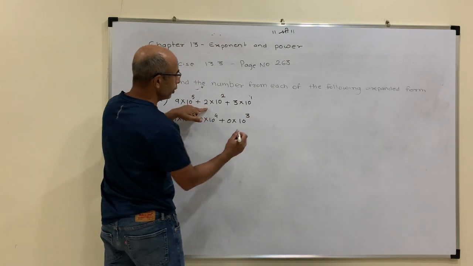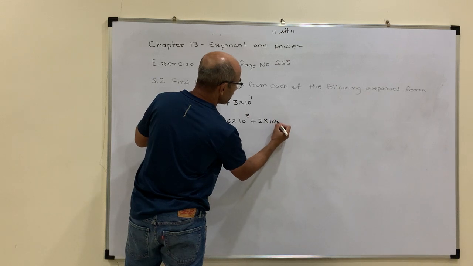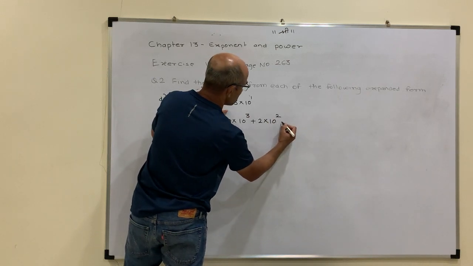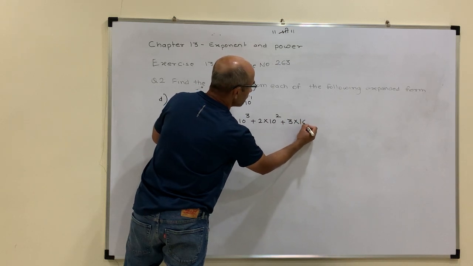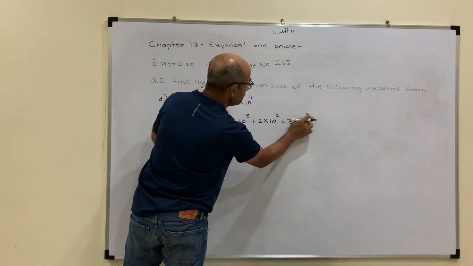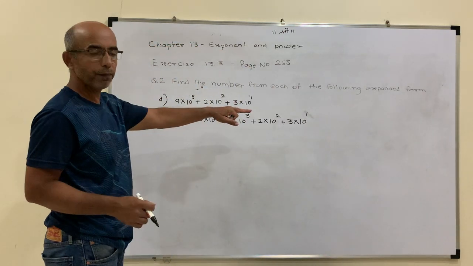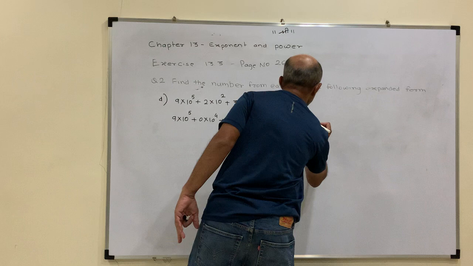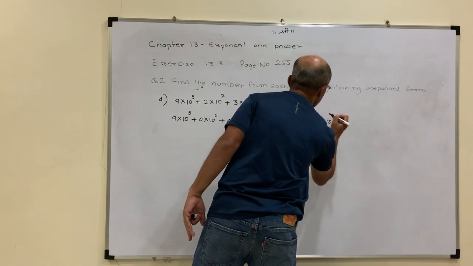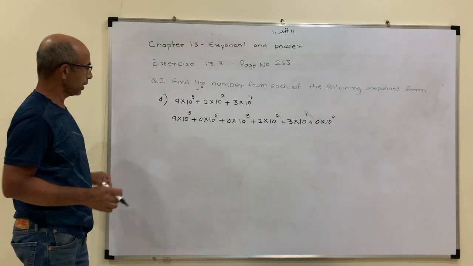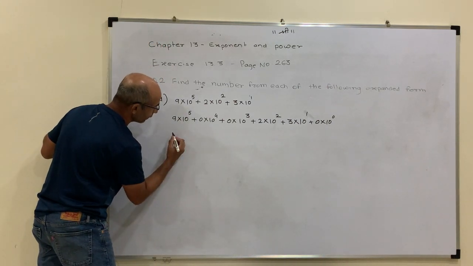Now 2 into 10 raised to 2, or you can say 10 square, plus 3 into 10 raised to 1. And the last one, if you want to follow the same procedure, you can write 0 into 10 raised to 0 as well.